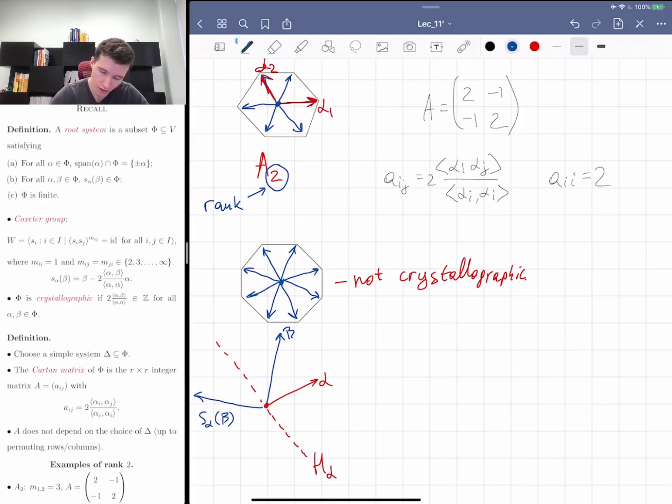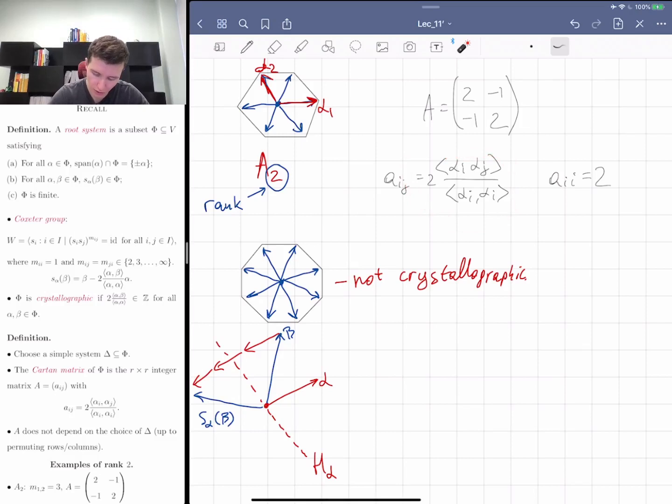And then the condition, this coefficient here, is the number of times you need to add a multiple of alpha, the number of copies you need to subtract alpha from beta to get to S alpha of beta. That's the entry of your Cartan matrix. And so that has to be an integer.